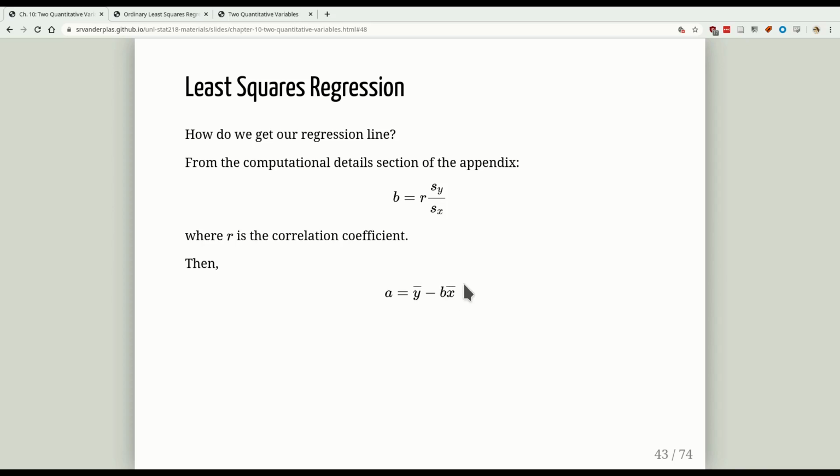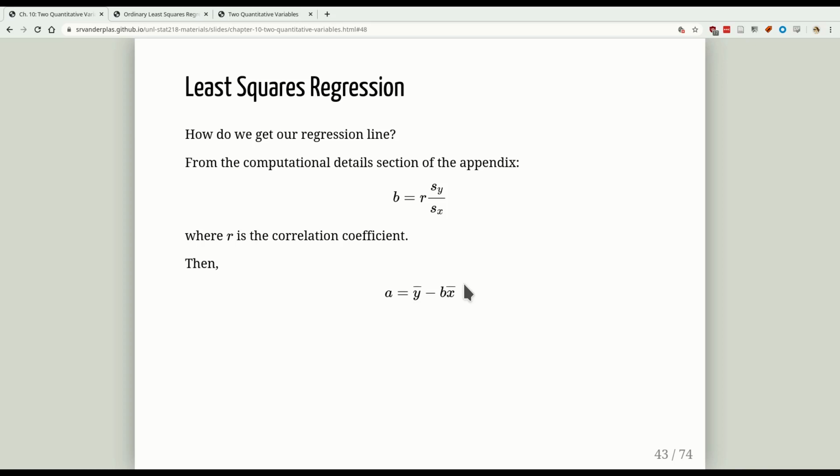That gets us our intercept. So the calculation details are not actually that gory as long as you already have the correlation coefficient. And we've already said we're not going to make you calculate the correlation coefficient from scratch.